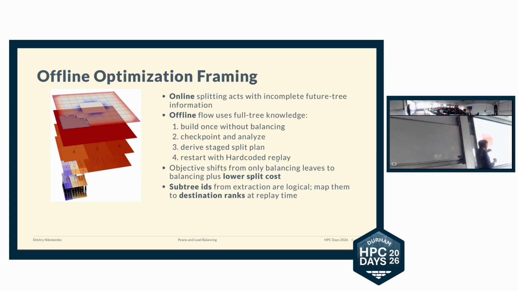And thanks to offline load balancing, we can now focus on the lowest cost. We can see that's where we can do splitting better, so that all MPI ranks or processes are balanced.